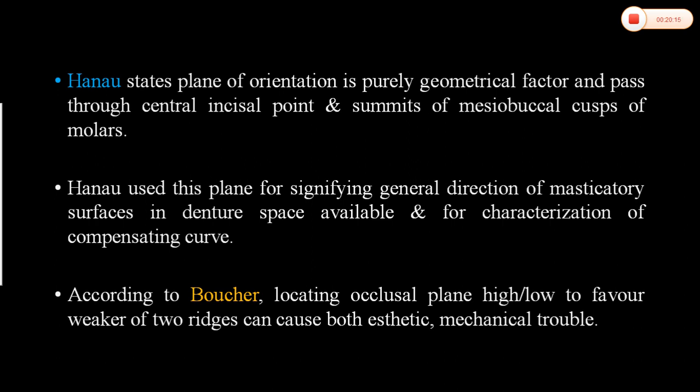If we place it close to either the maxillary or mandibular ridge because of their resorbed condition, the teeth have to sit close to the ridges, so the occlusal plane will not be midway. It may shift downward or upward according to which arch you have shifted toward, and the plane will be altered.